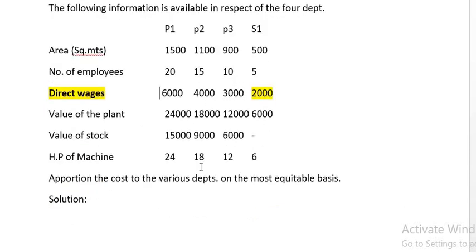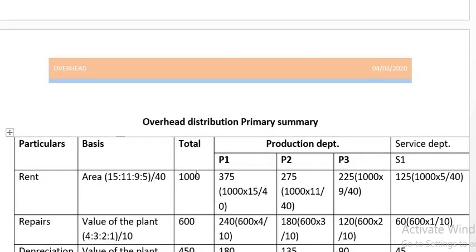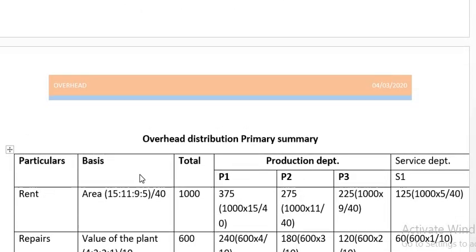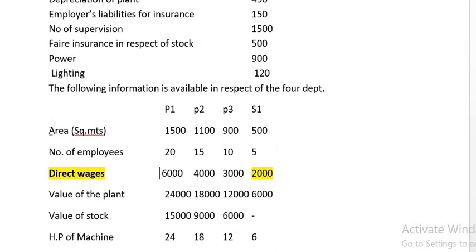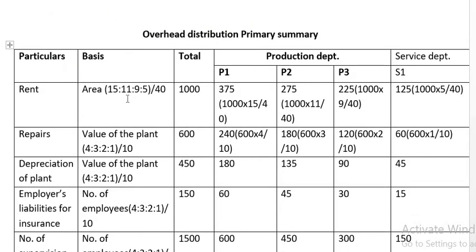Rent total amount is 1000, on the basis of area in square feet: 1500, 1100, 900 and 500. Removing the zeros, the ratio is 15:11:9:5. Total is 40.